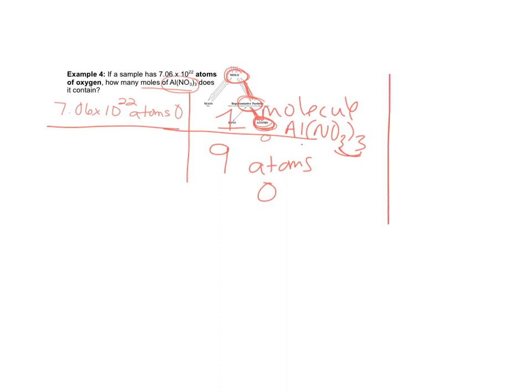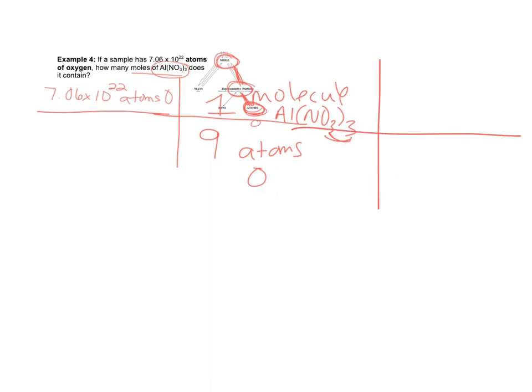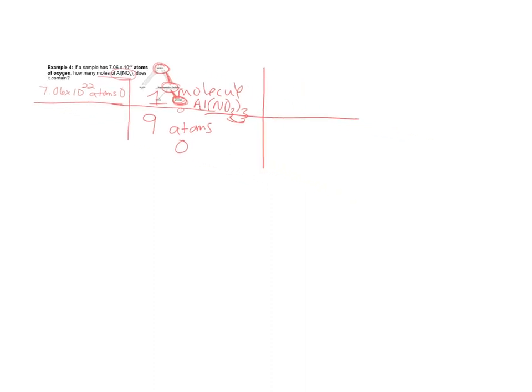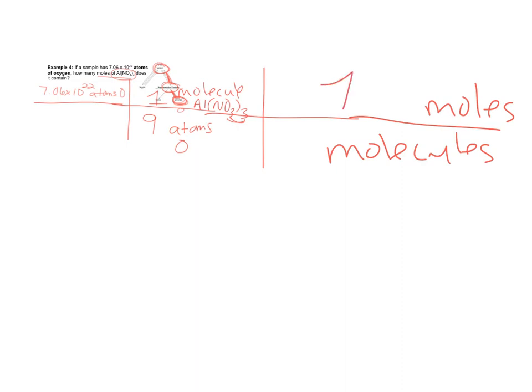That converts us back into the whole thing, into aluminum nitrate. And then we want to convert molecules into moles. And if you've caught the pattern, the mole gets the 1. If you have 1 mole of anything, you have 6.02 times 10 to the 23rd molecules of aluminum nitrate.